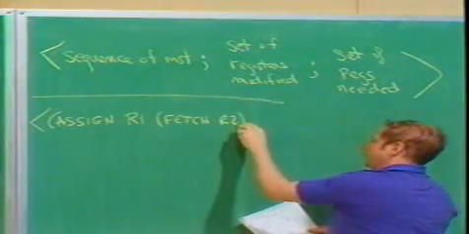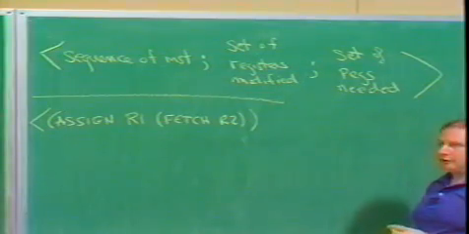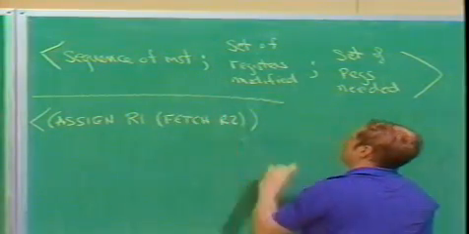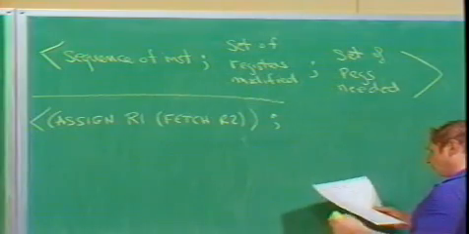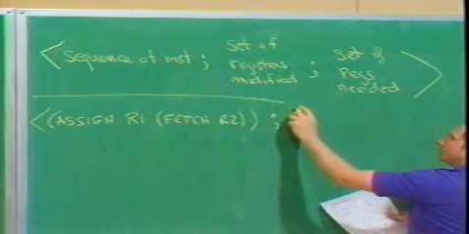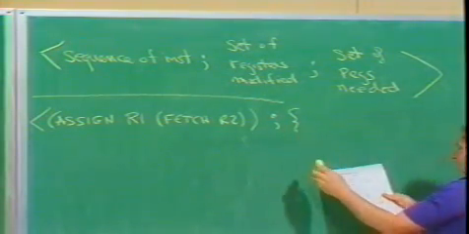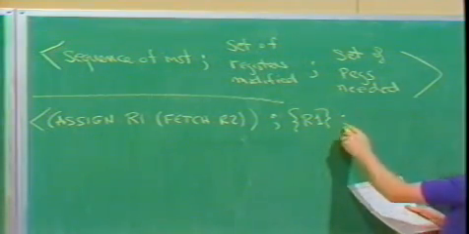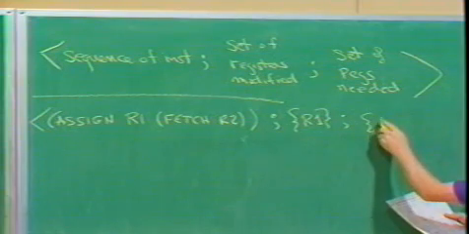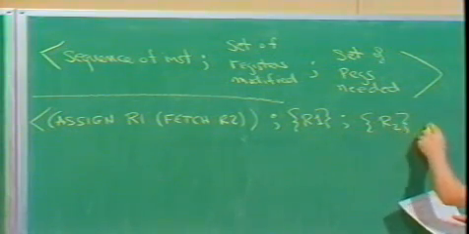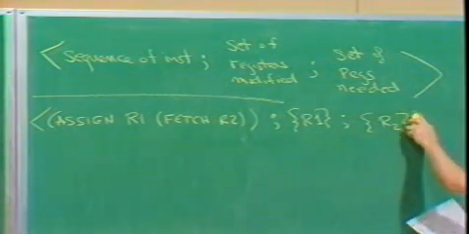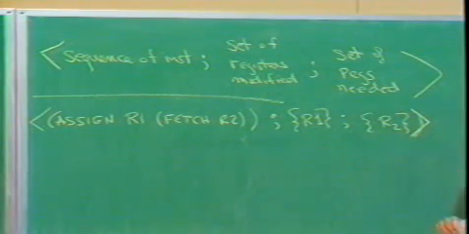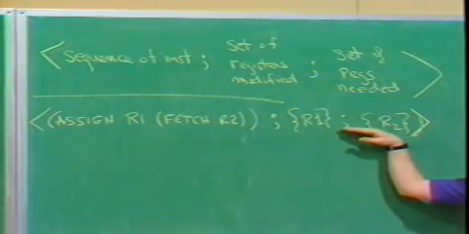That might be an example of a sequence of instructions. And along with that, it'll say that it modifies R1 and that it needs R2. So when you're first building this compiler, you put in little fragments of stuff like that.